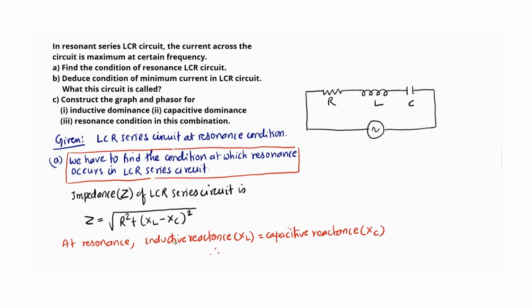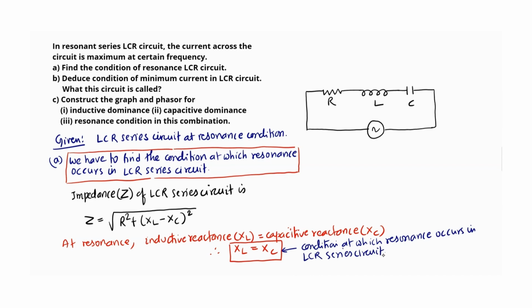Therefore, we can write at resonance XL equals XC. So this is the condition at which resonance occurs in an LCR series circuit.